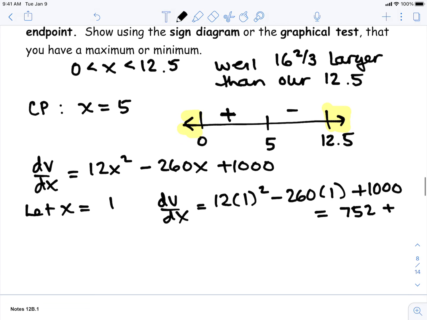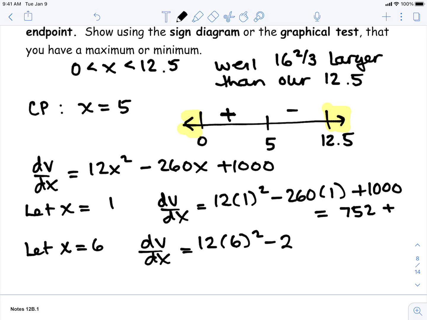Now let's check something to the right of 5. Let's say 6. So we would substitute 6 into the derivative function. I'm looking for that slope. Is that slope positive or negative? Is it increasing or is it decreasing? So I'll type that into my calculator.